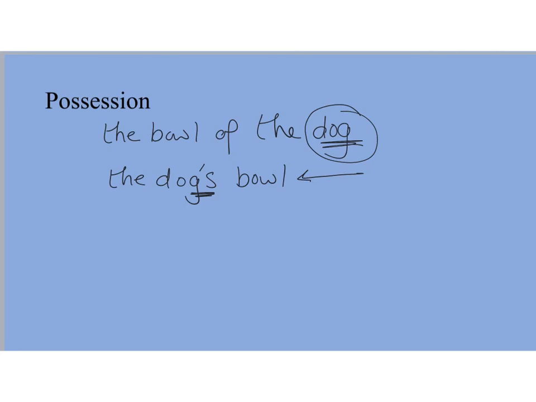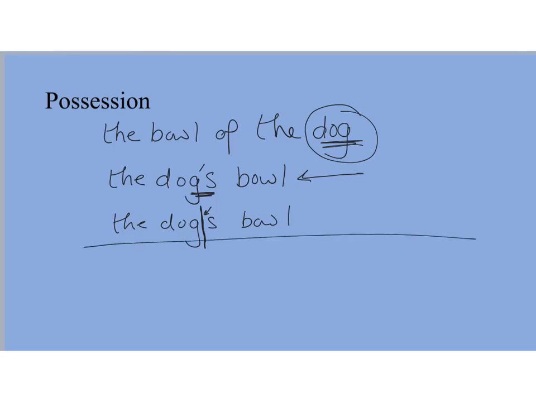So let me go through that again. If you say the bowl of the dog becomes the dog's bowl with the apostrophe there, take the dog's bowl, you know you've got one dog, and turn it round again, the bowl of the dog. I stop speaking there, the bowl of the dog, therefore that's where the apostrophe goes.